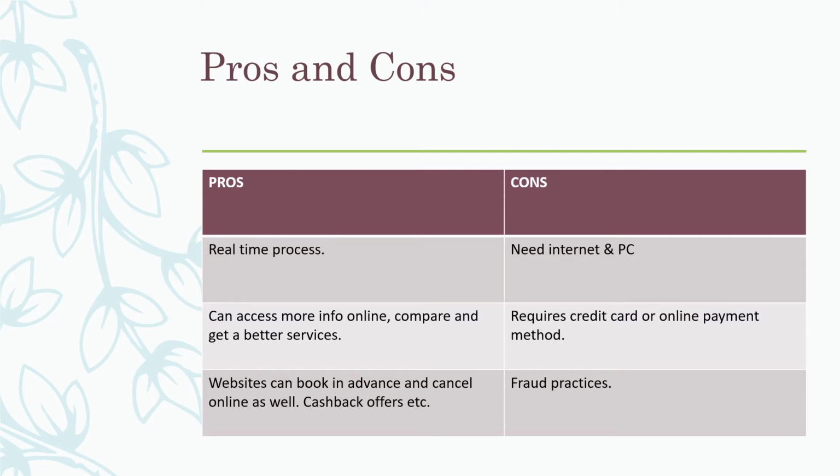Some of the pros in this case are that it's a real-time process, so you are aware that so many seats are available. If I start booking a ticket when I see there are 20 free seats, but I change my mind after some time, as soon as I click on the cancel button, I see there are now only 15 seats available.